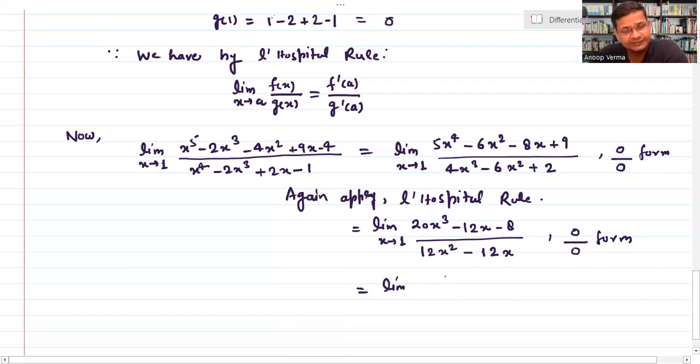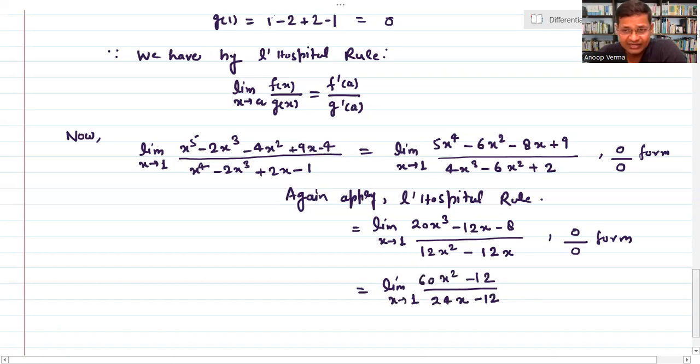So again apply. So this is x tending to 1, and there will be 60x^2 minus 12, divided by 24x minus 12. Okay, now I think you will get a non-zero number.